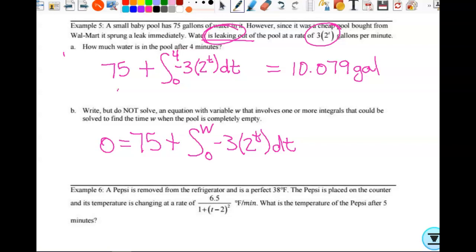Does that make sense? So you were right. The way I wrote it the first time is 75 equals this, because basically your net change has to be 75, but it's the same thing as 0 equal to both of those things, okay? So we good? Make sense?